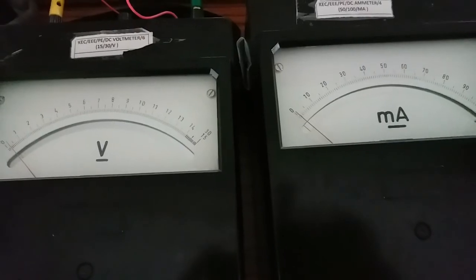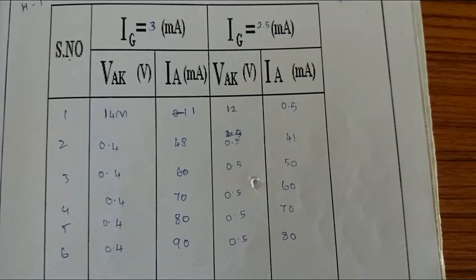From the observation, we came to know that for a fixed gate current, when increasing anode cathode voltage, till a certain voltage level there is no conduction, or otherwise only the leakage current will flow through the anode cathode circuit. Once the voltage level reaches the forward breakover voltage, thyristor starts conducting. Then voltage drop across thyristor is suddenly reduced. Correspondingly, the current value will increase.